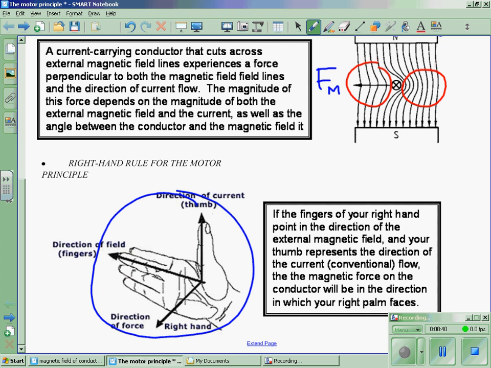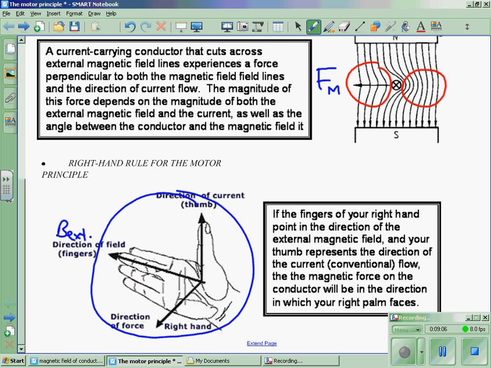On the right hand, the fingers represent the direction of the external magnetic field. The thumb represents the direction of conventional current flowing through the wire. And of course, the palm represents the direction in which the magnetic force is going to be applied.